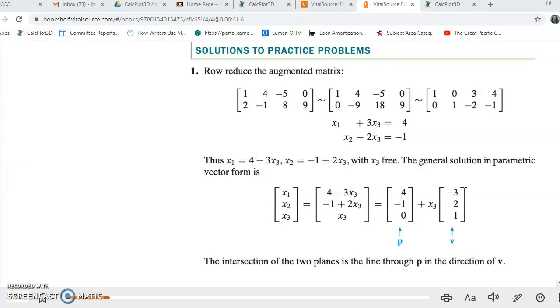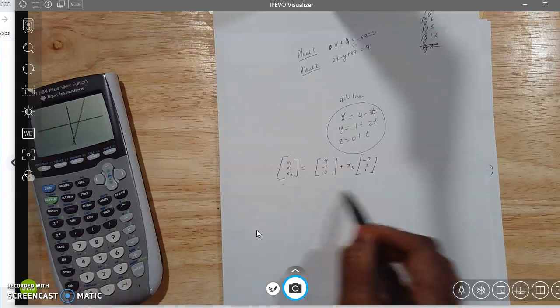So I'm going to copy that down from the book on my document camera, and then I'll switch and show you what I did. So I'm going to copy this portion. You have (4, -1, 0) plus x3 times (-3, 2, 1). All right, let's switch. So this is what I just copied down.